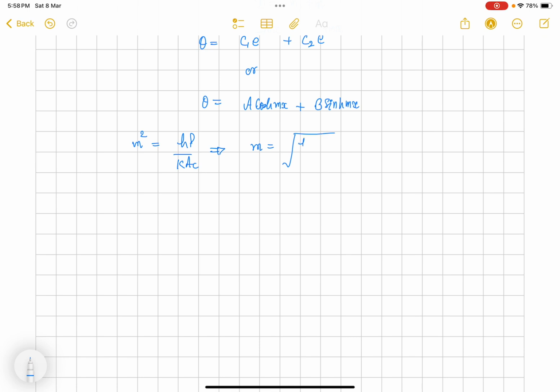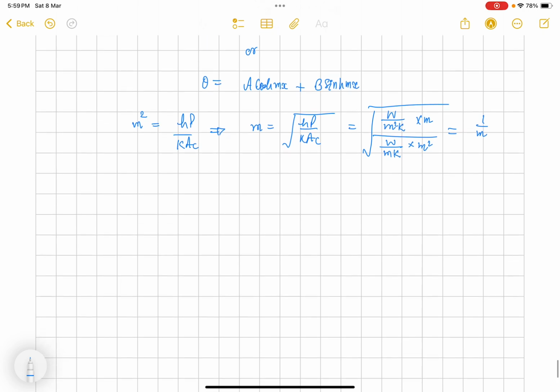Square root of hP divided by kAc. If you do the dimension analysis, h is watt per meter square Kelvin, upon k, watt per meter Kelvin, times cross section area in meter square and perimeter in meter, and square root of it you will get the unit as 1 by meter. So it is defined as per meter length, this m value.